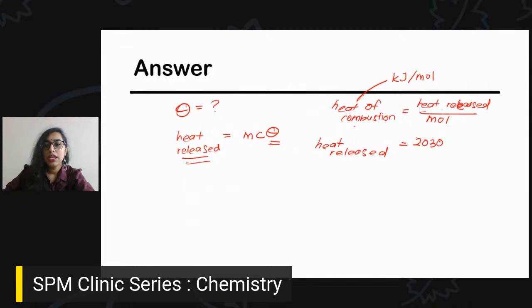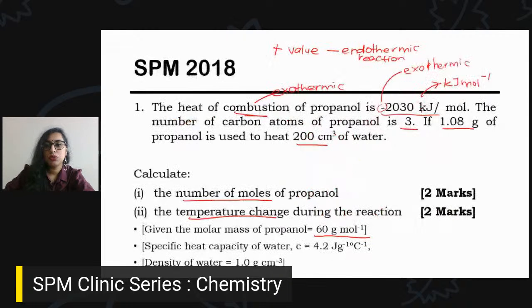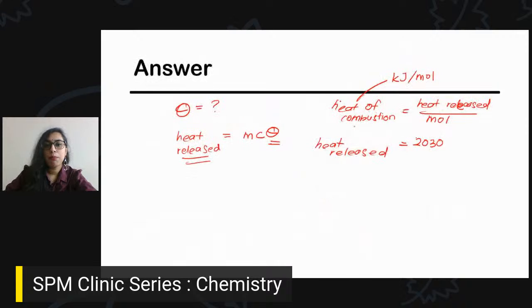So let's look at 2030. It is in kilojoule. But remember, when we calculate the heat release, we will get it in joule first. So we are going to convert the kilojoule to joule, so we are going to times by 1000. And we are going to times the mole, because heat release is equal to heat of combustion times the mole.